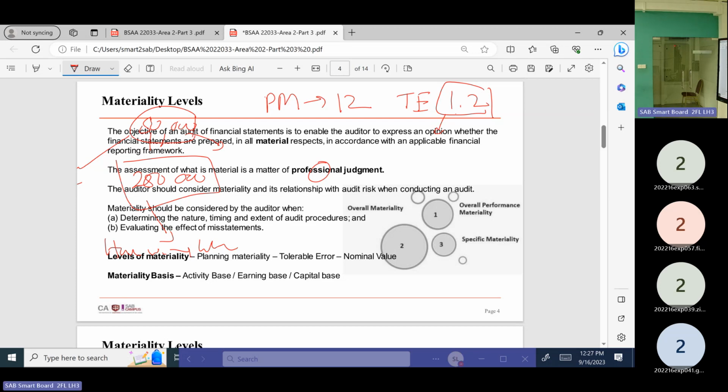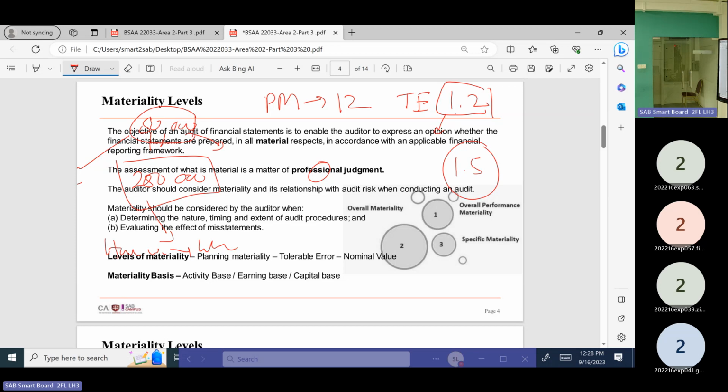So the management wants to hide liabilities. There's a liability of like 1.5 million, and management wants to reduce the liability. So what are they going to do? They issue some checks at the 11th hour. What's the double entry?